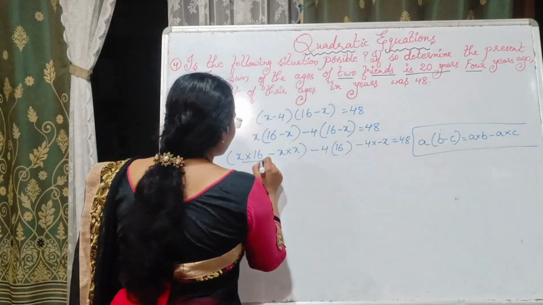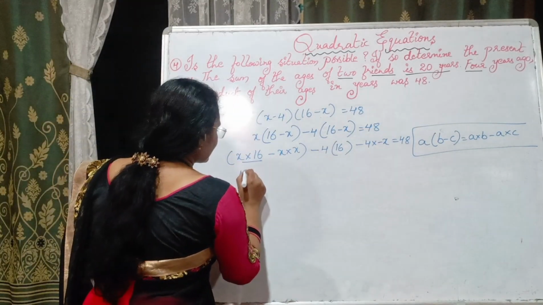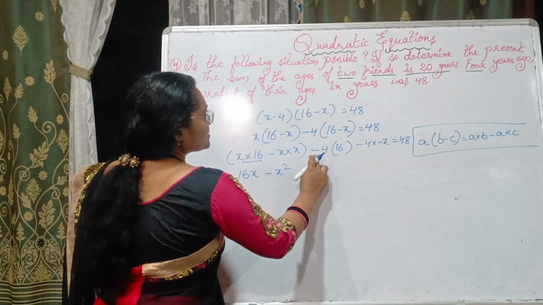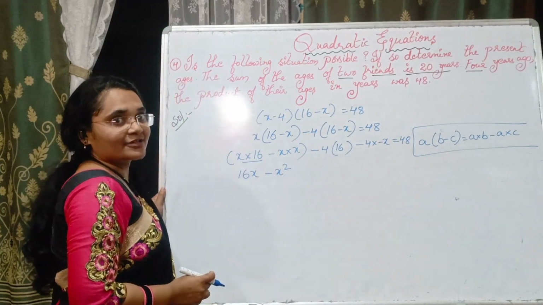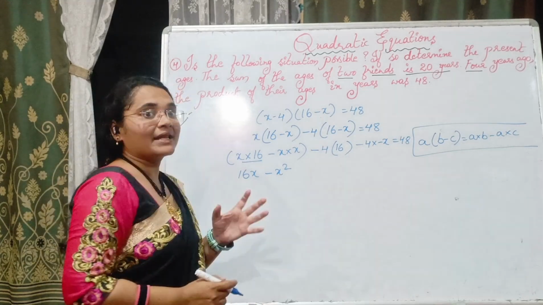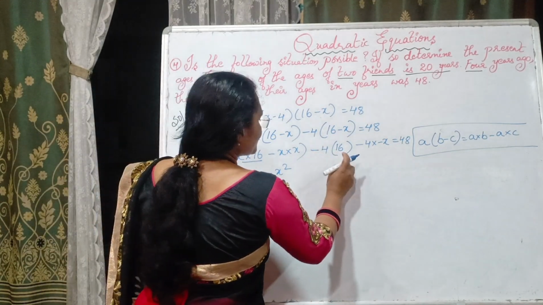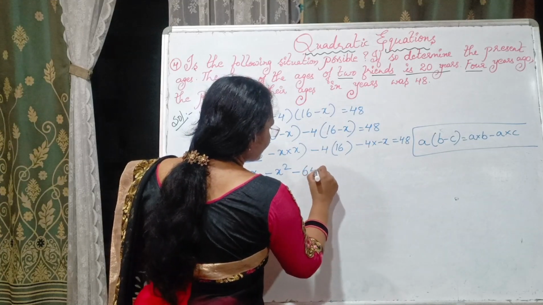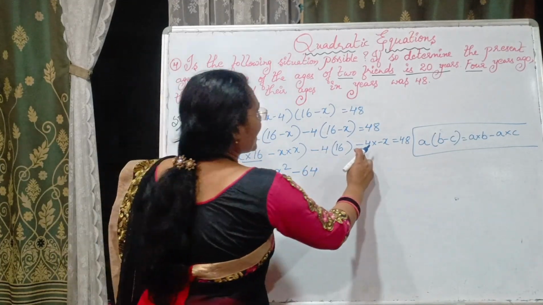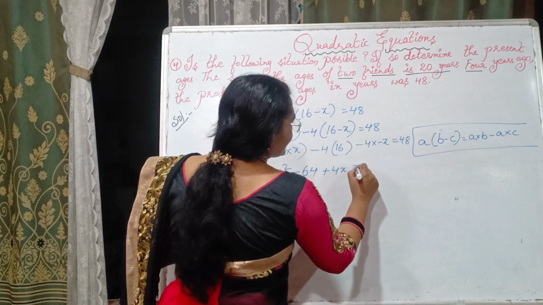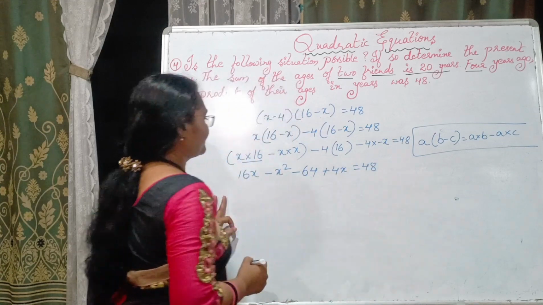So x into 16 gives 16x, minus x square, minus 4 into 16 is 64. You should learn the tables up to a minimum of 13. Minus 4 into 16 gives minus 64. Minus into minus gives plus 4x, is equal to 48.